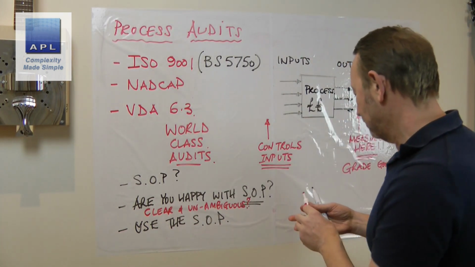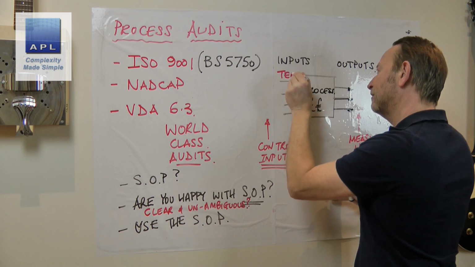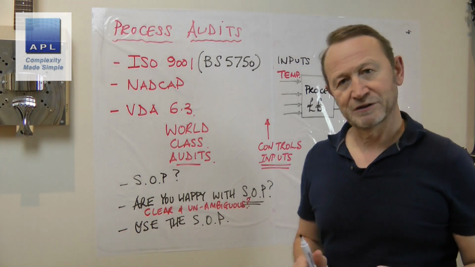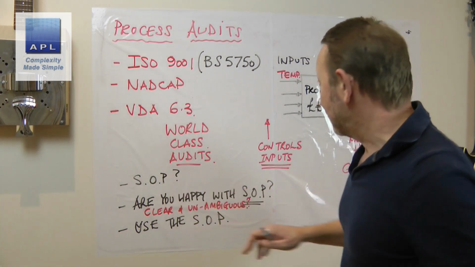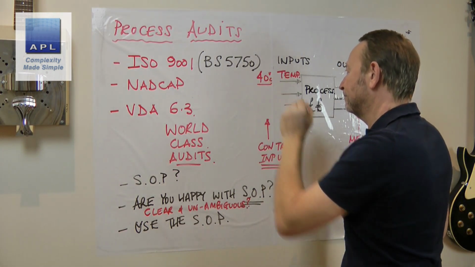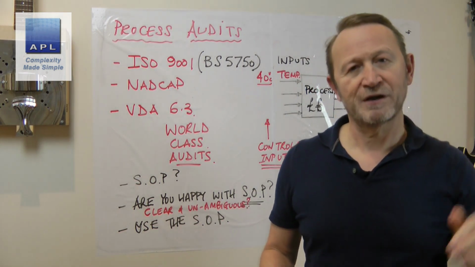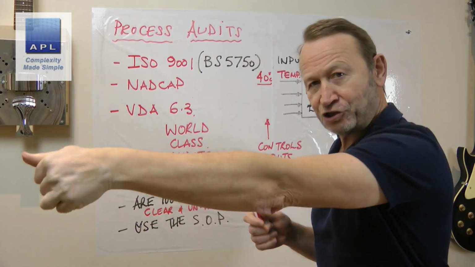So I'll give you a little example. Let's say we're trying to control the temperature on the input side of a process. We need a standard operating procedure. It should be clear and unambiguous. There you go. 40 degrees centigrade. That's it. No tolerance. I don't need a tolerance, by the way, because I don't have a shaky hand.